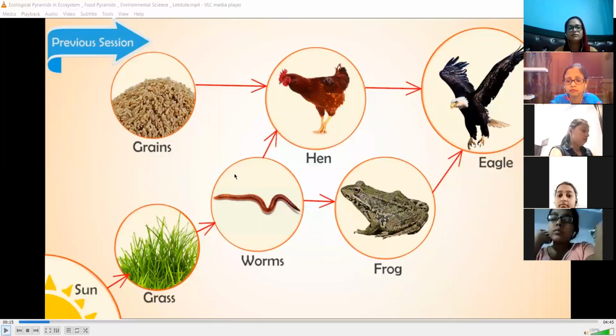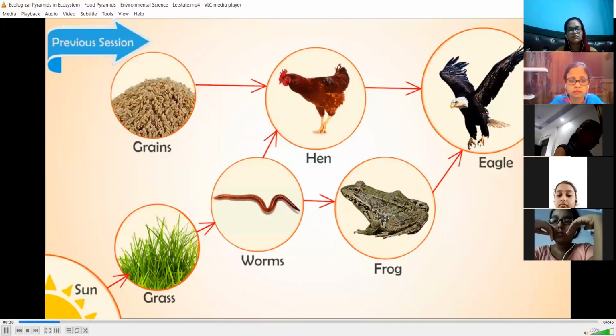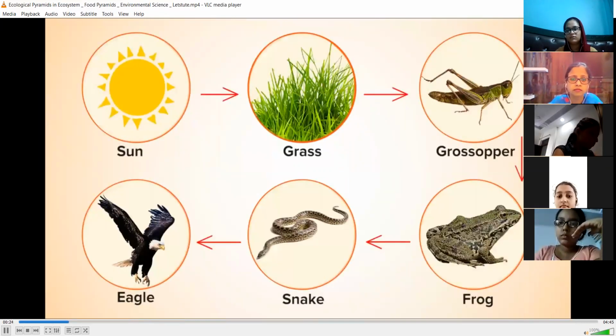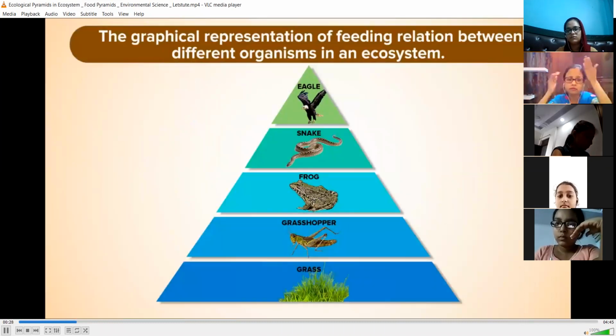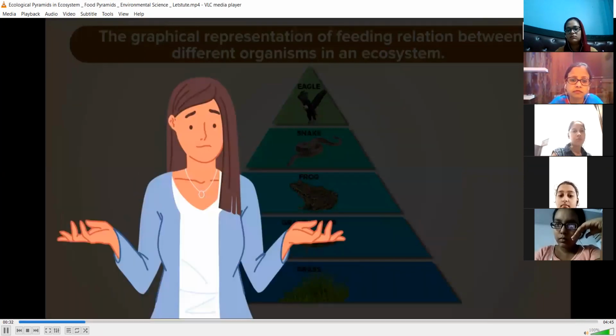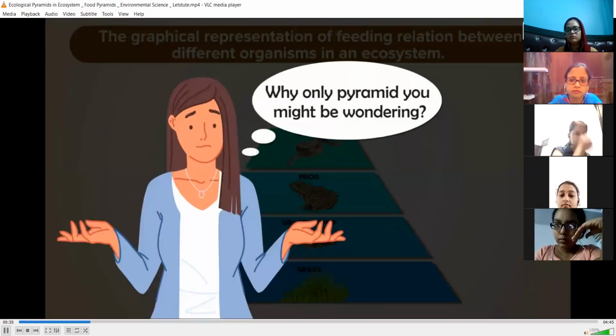We saw how different organisms in an ecosystem are dependent on one another for their food. If we try to represent this feeding relation in a graphical way, we get a pyramidal structure. This is called the ecological pyramid. Why only pyramid? You might be wondering. Let's understand this.